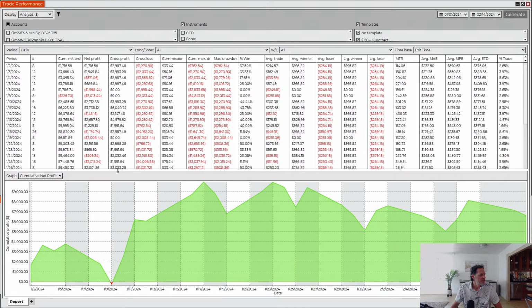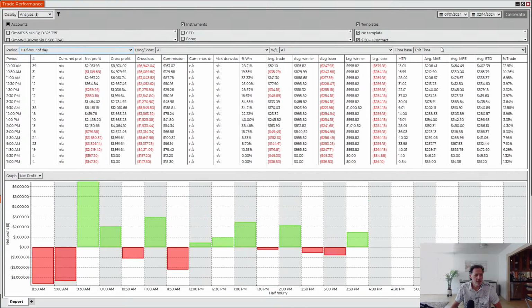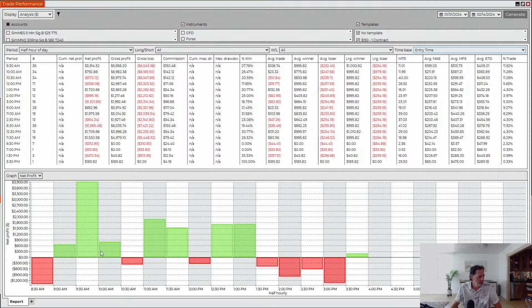So we go into analysis here. Instead of daily, we go half hour of the day, and then we change it to entry time. So it's when it enters. So now this is what the retirement plan is, or should be, right? Starting at 9 o'clock, ending at 1:30. I don't really want to trade these hours, because past history shows us that we were losing money.